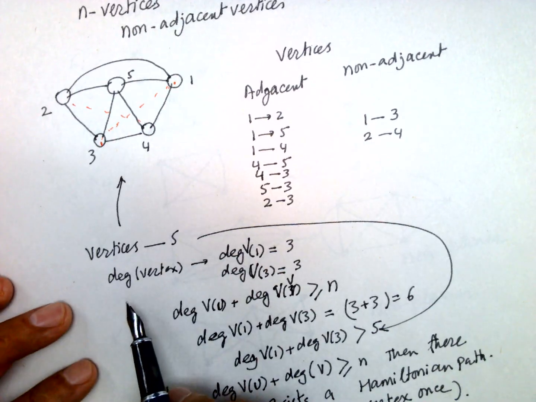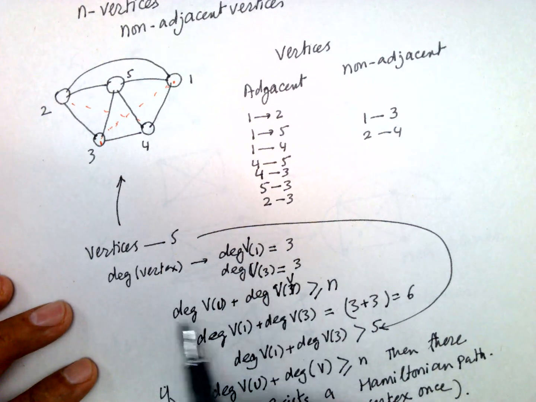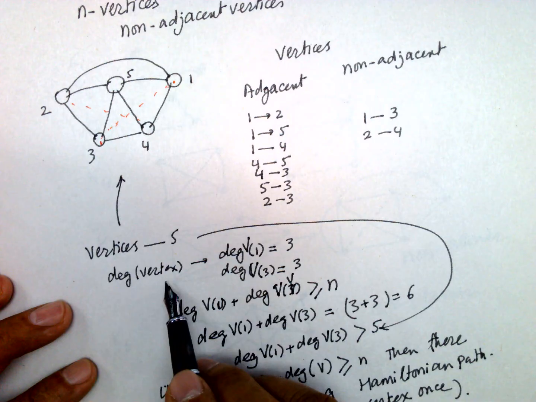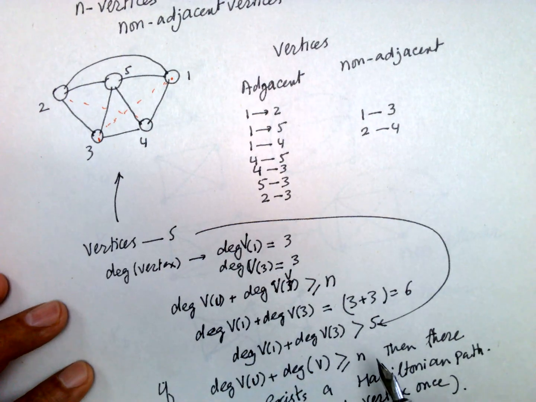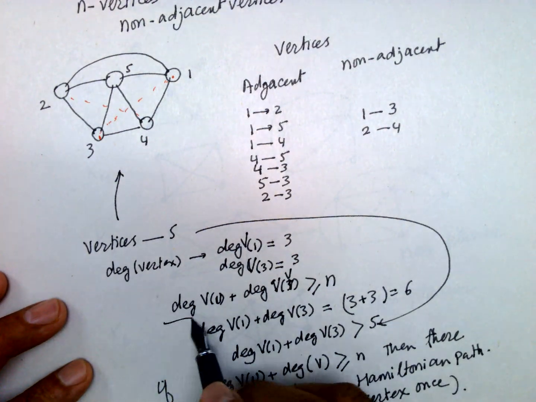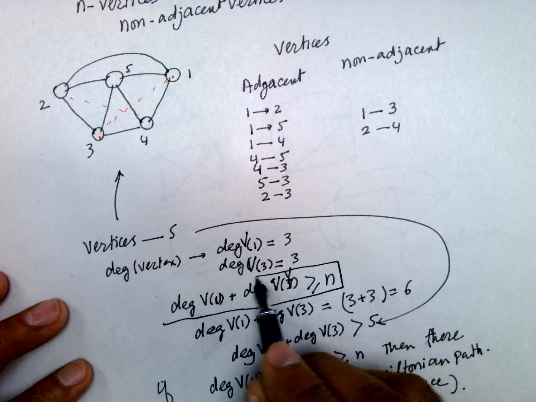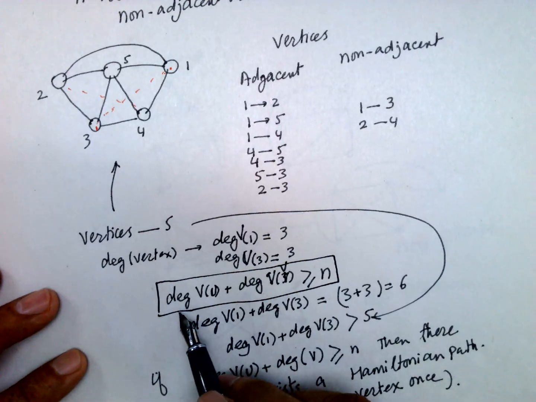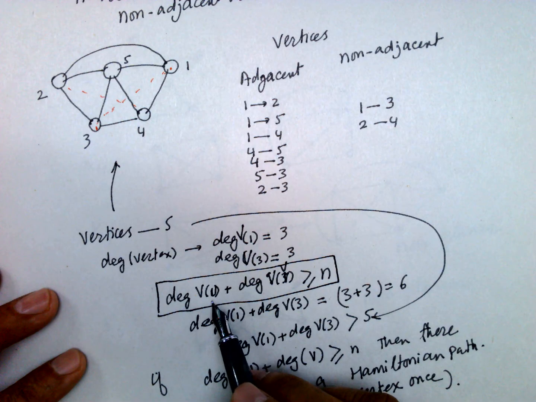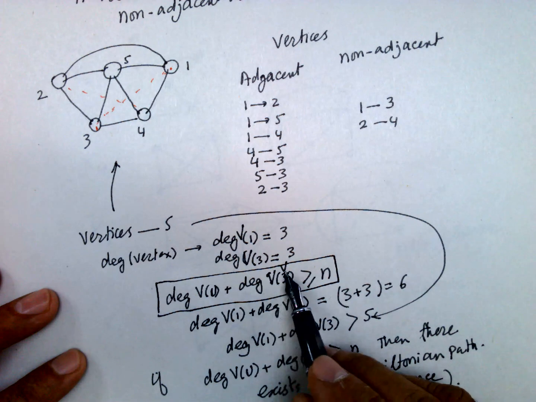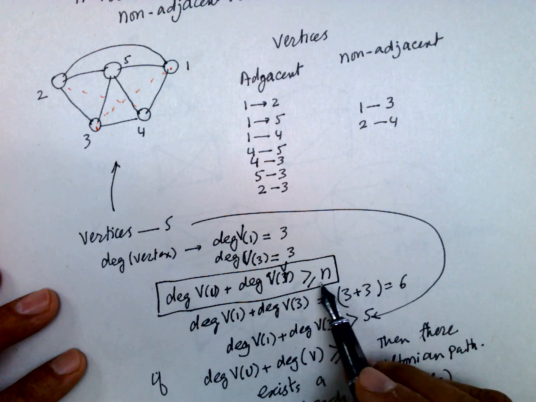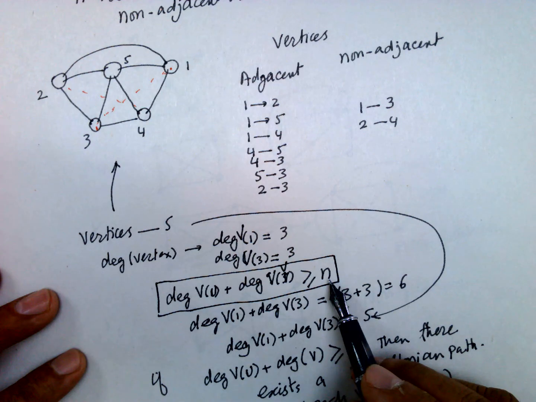It says that this is the condition: the degree of any vertex u and the degree of any vertex v, summed, should be greater than or equal to n.